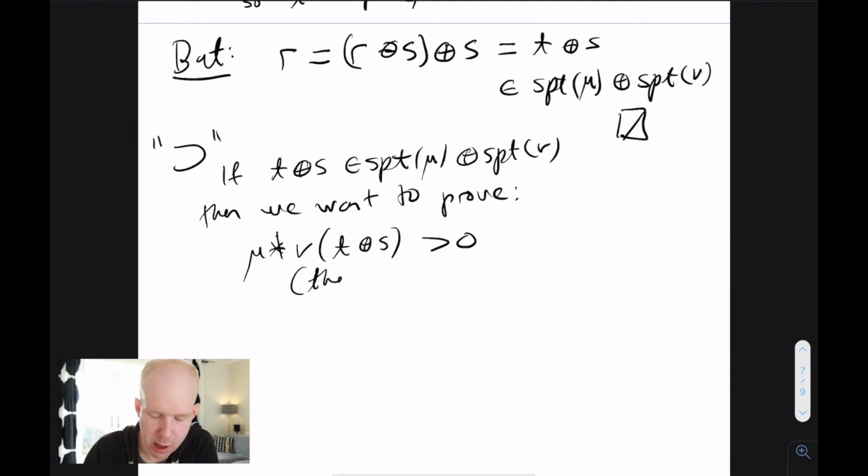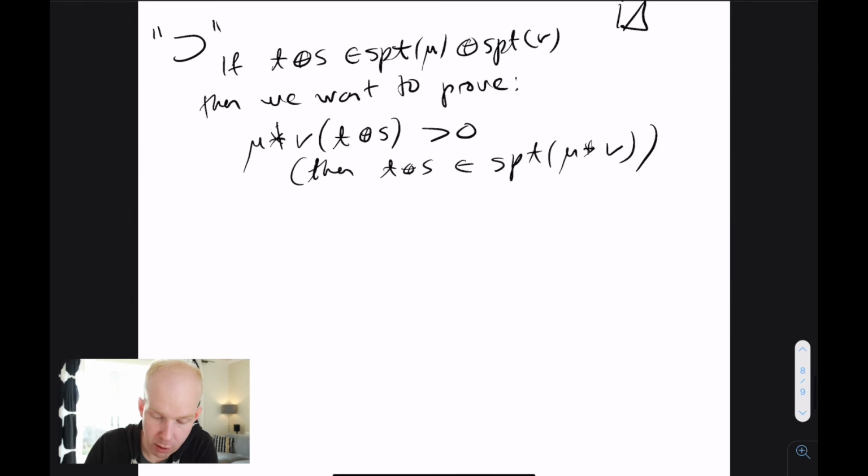Then of course T plus S belongs to supp mu star nu. So that's what we want to prove over here.